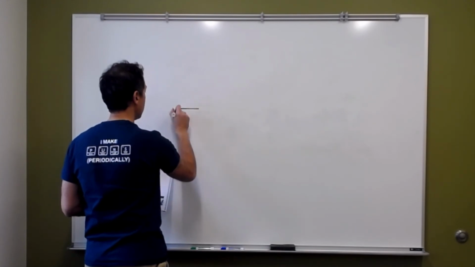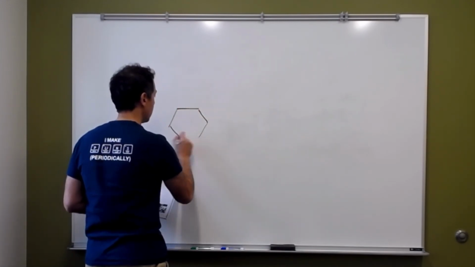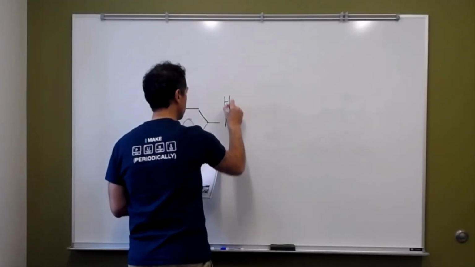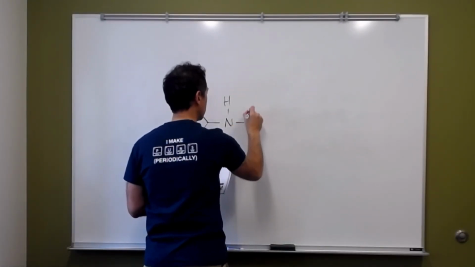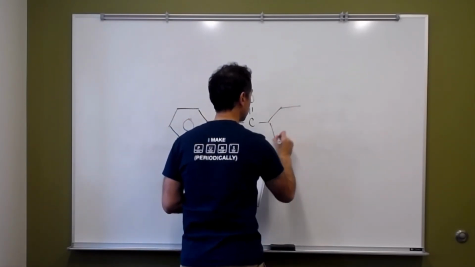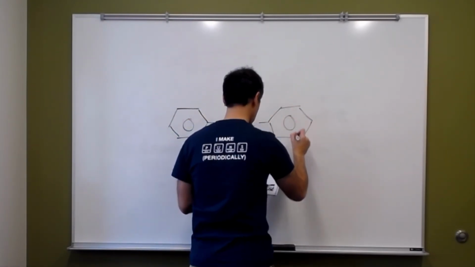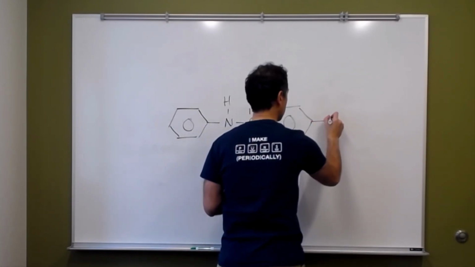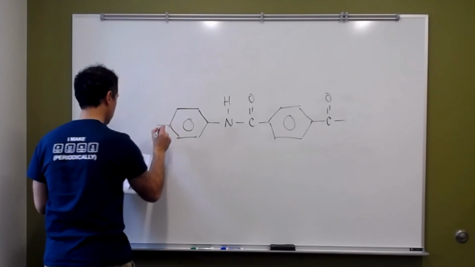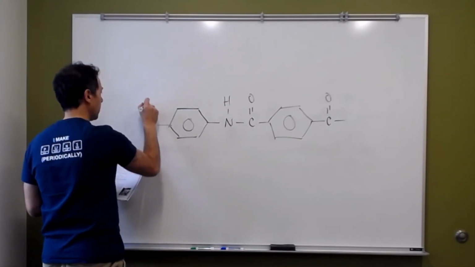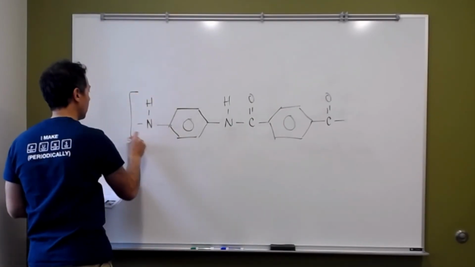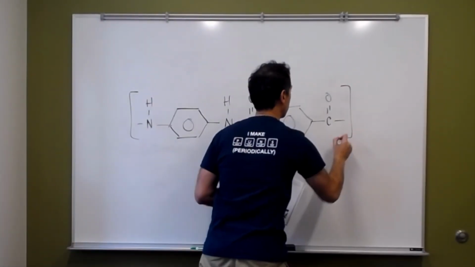But if I take and make a benzene ring like this, nitrogen like this, bond like that, and then double bond O like this, and then over here we have nitrogen and hydrogen like this.